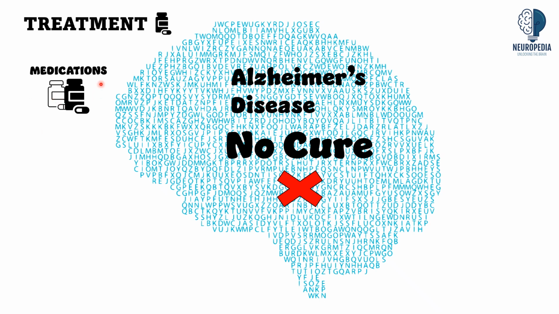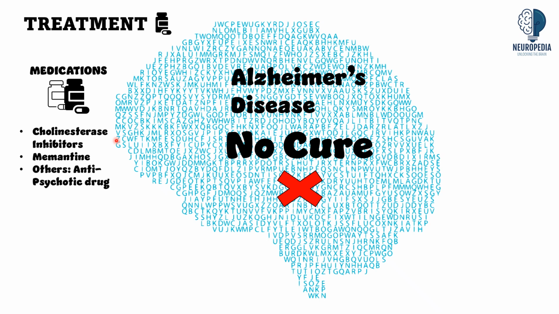There are several medications that can help to improve memory and cognitive functions in people with Alzheimer's disease. These medications can be cholinesterase inhibitors and memantine. Other medications include antipsychotic drugs and antidepressants.